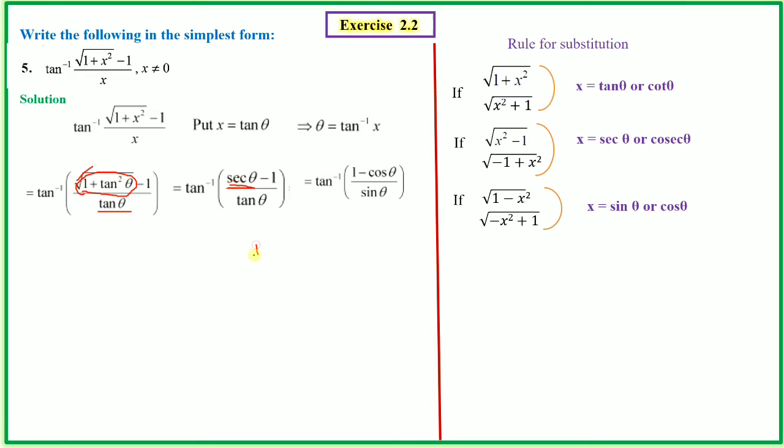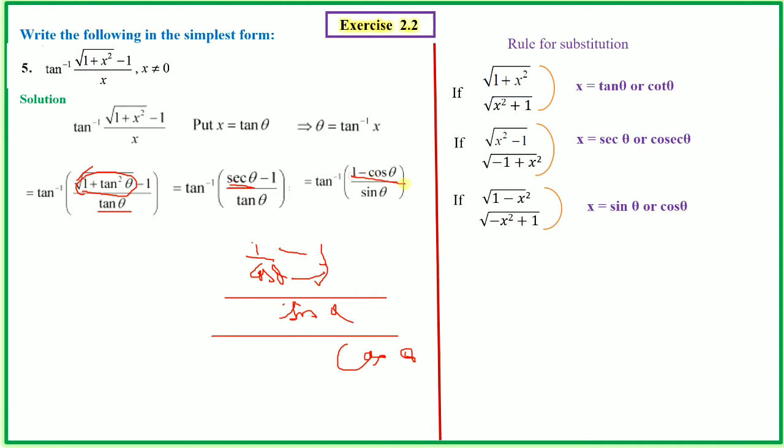Sec theta is 1 upon cos theta, minus 1, upon sin theta upon cos theta. So we have taken LCM over here. So 1 minus cos theta in the numerator, and the denominator cos theta and cos theta cancel. So we will have 1 minus cos theta upon sin theta here.